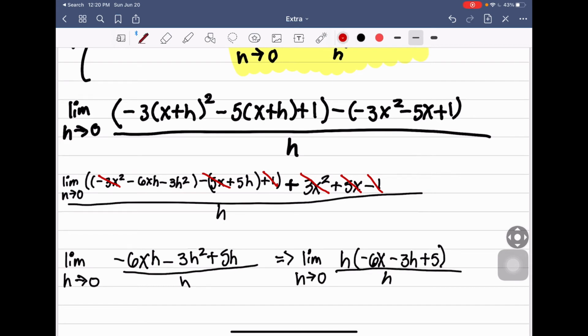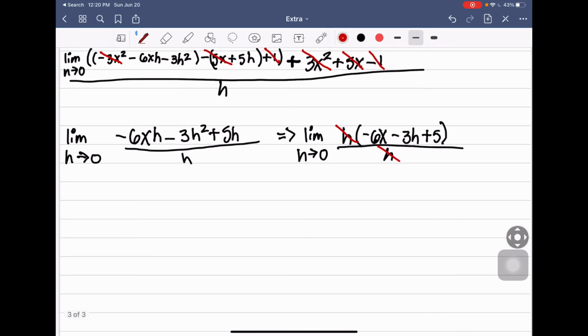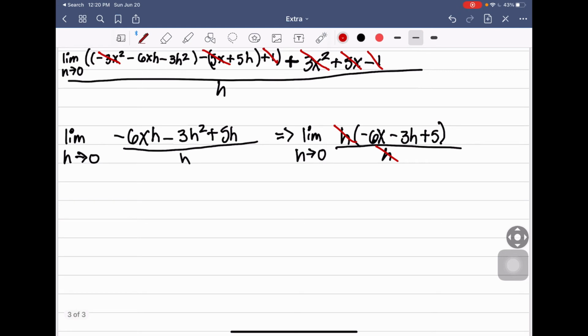Well, we can just cancel that out. So now we have the limit as h goes to 0 of negative 6x minus 3h plus 5.